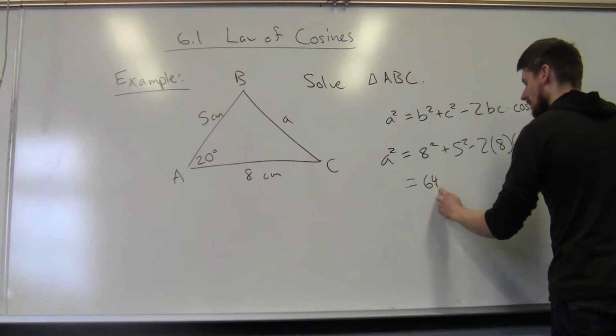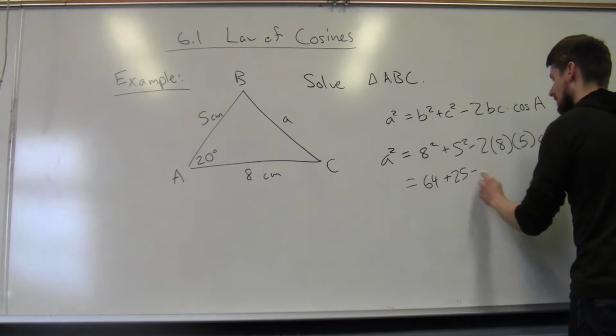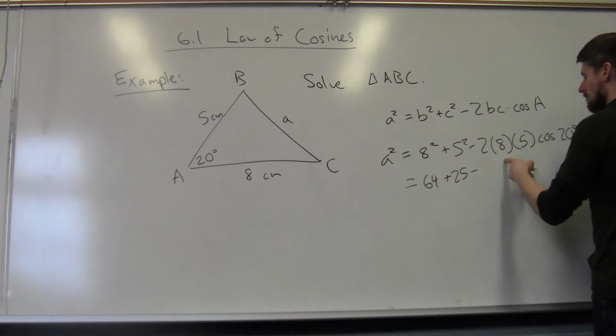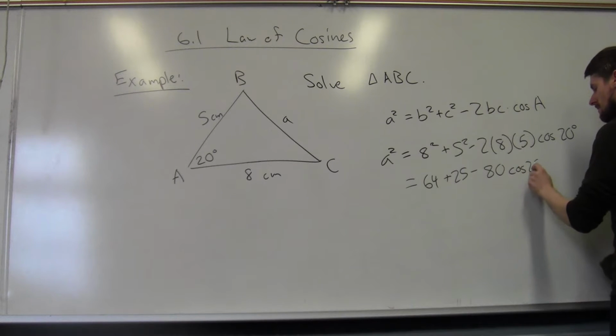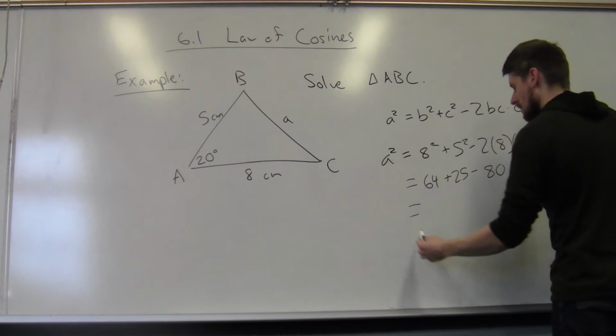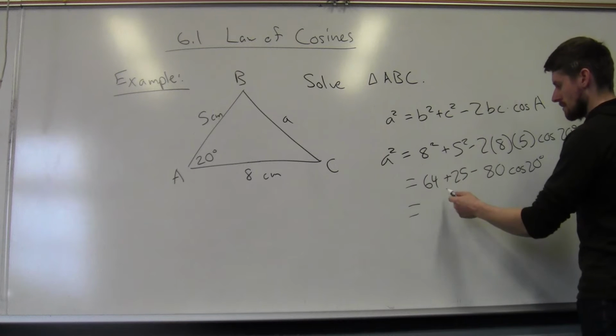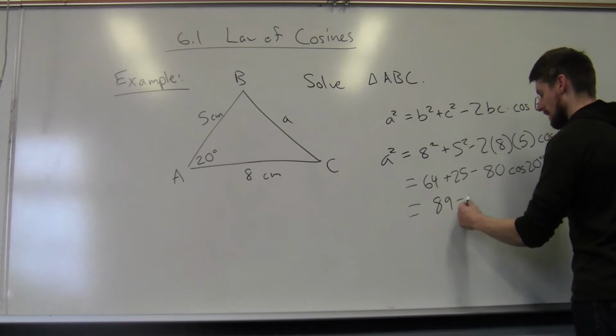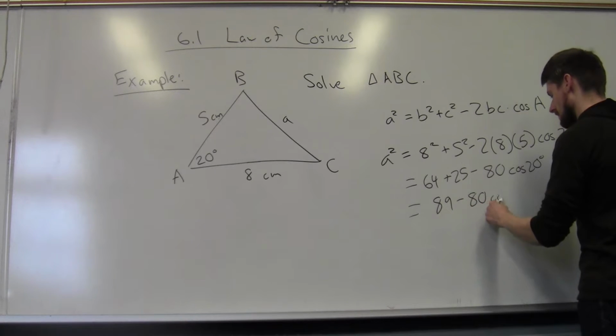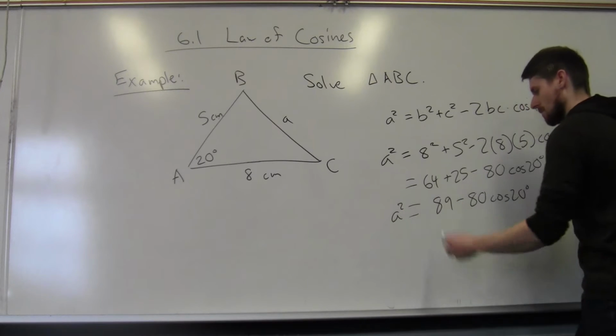We've got 64 plus 25 minus 80 cosine 20 degrees, which sums to 89 minus 80 cosine 20. And that's what a squared is.